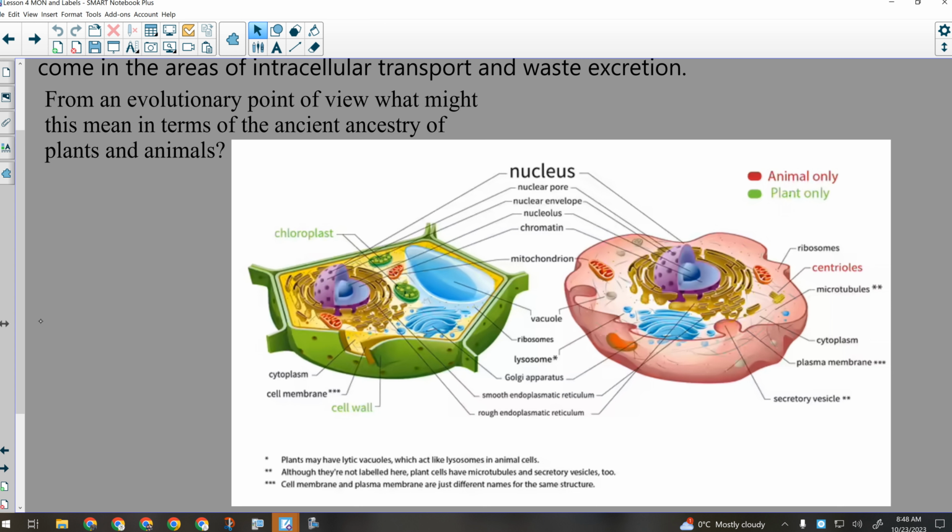And so the shape of the animal cell can change radically, and if that happens during cell division, some of the DNA might end up in the wrong place and the cells will die. All right, so they have to have those structures as well. So those were the differences in the structures of the cells due to the different modes of nutrition. Then we labeled our cell diagrams, and that's where we left off.